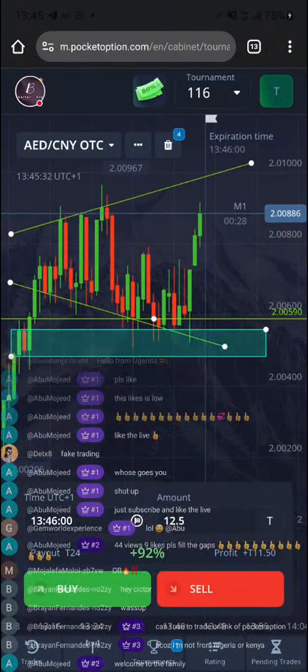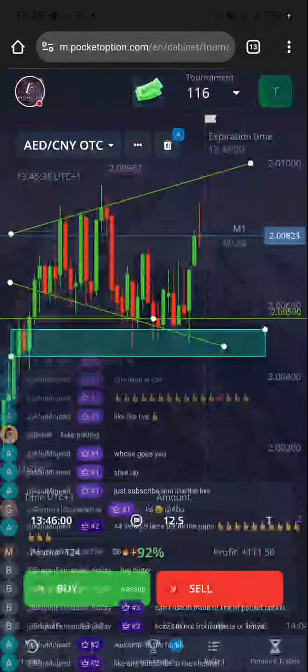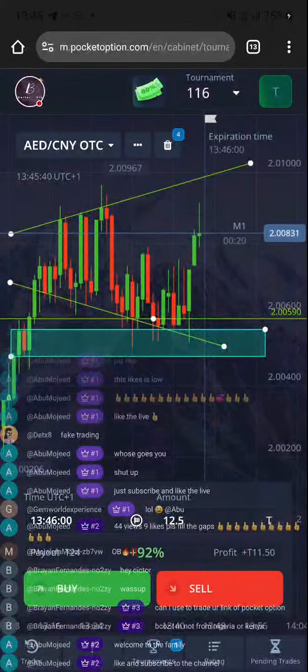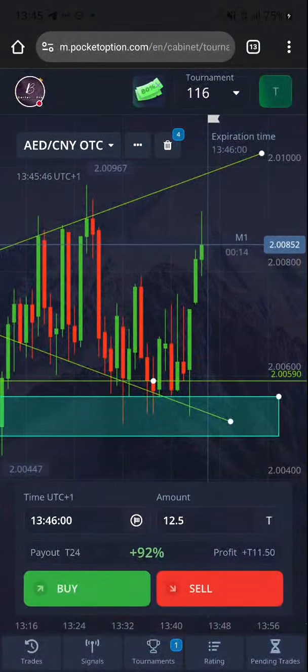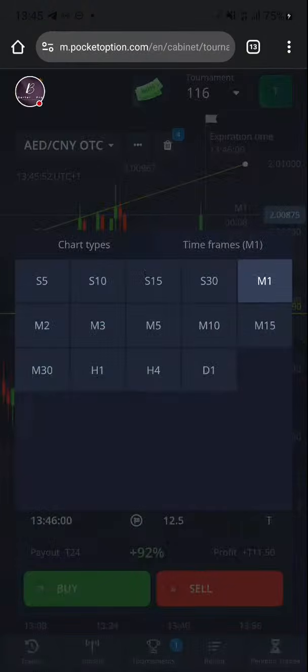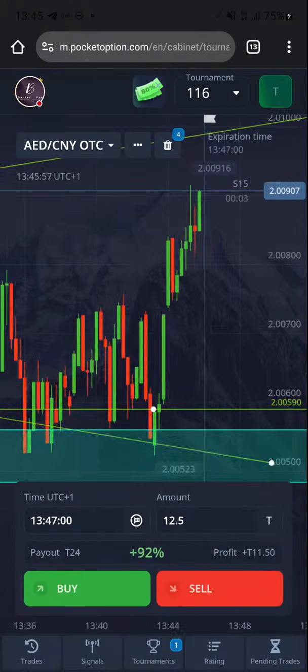Now you can see if you look at this pattern, it's like a double bottom, like a W. Anytime you see that W pattern, it's a double bottom and the price is going up. The reason why I'm not going with the buyers yet is because I don't see any confirmation. If you don't see any confirmation, you don't go with the buyers. But right here, we can go with the sellers if price comes to this seller's entry.